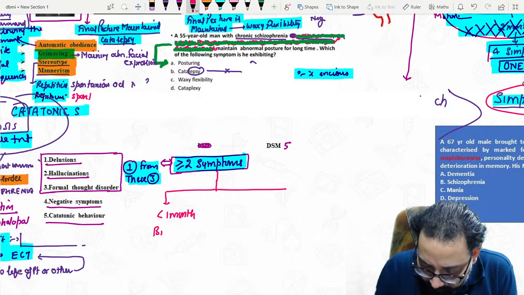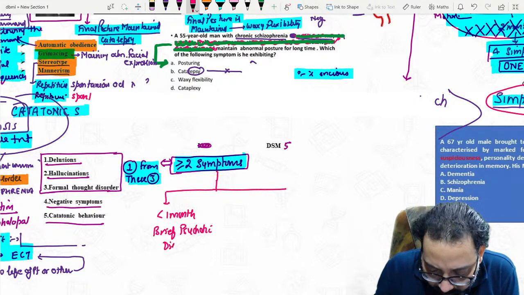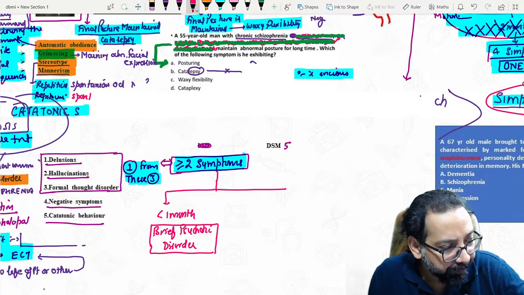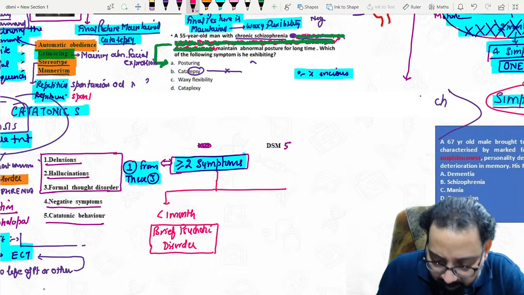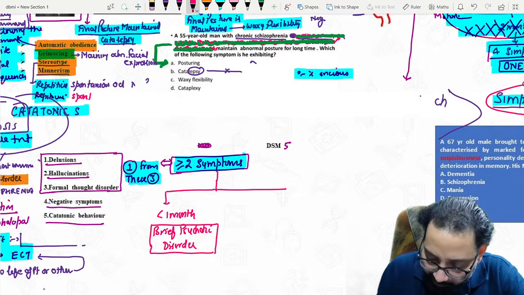then it is brief psychotic disorder. If you remember, in ICD-10 what was the name?